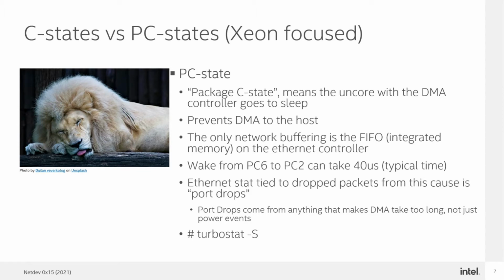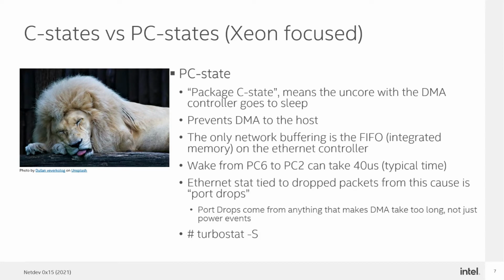So typically you might see in turbostat something that mentions PC6, which is effectively the deepest sleep state that many of the Intel processors can get into today. And the bad news, from a NIC's perspective, is that it prevents the DMAs to the host. So the only thing alive then is just the NIC and its controller, and it can't get data out into the host at all.